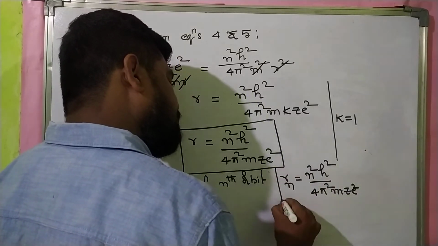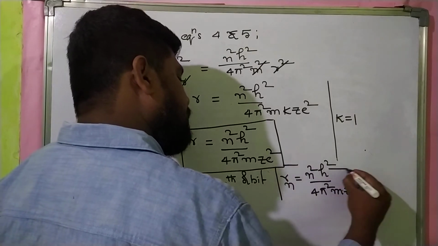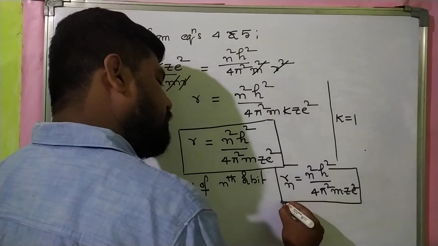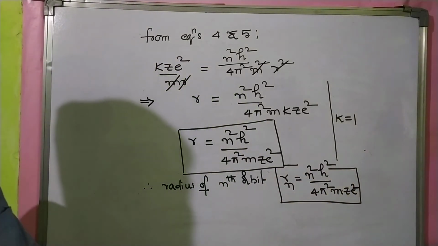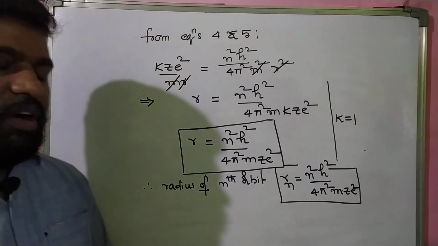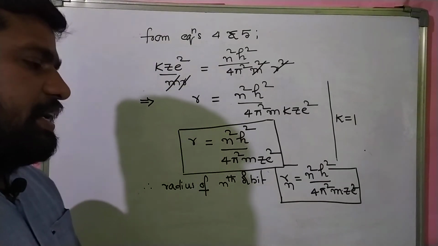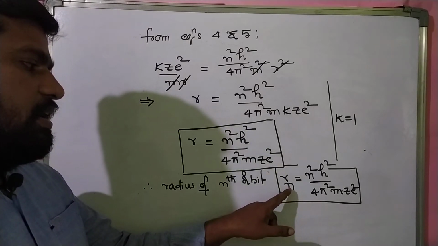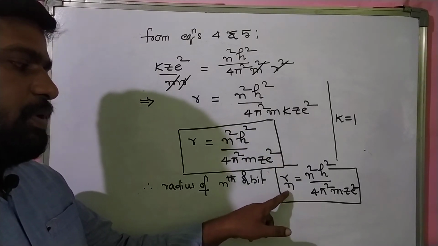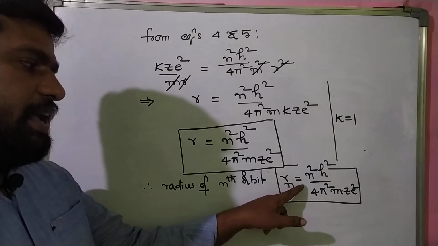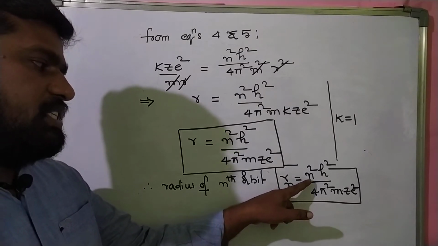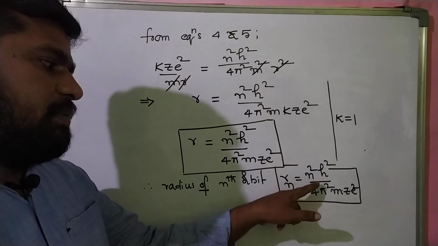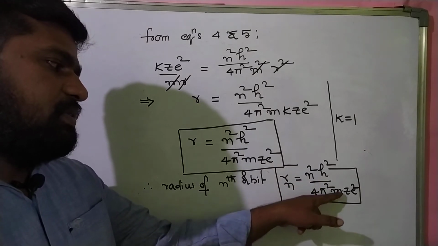This is the final equation. Very important for JEE Mains, JEE Advanced, NEET and AIIMS also. Radius equals n square into h square by 4 pi square m into Z e square.